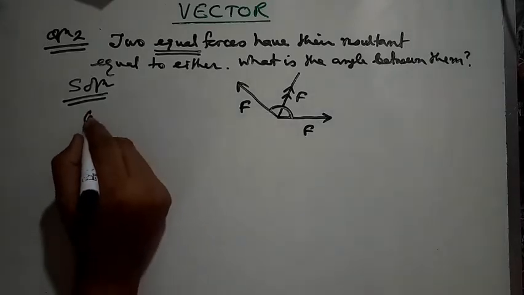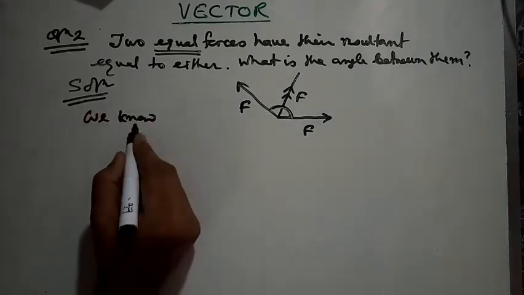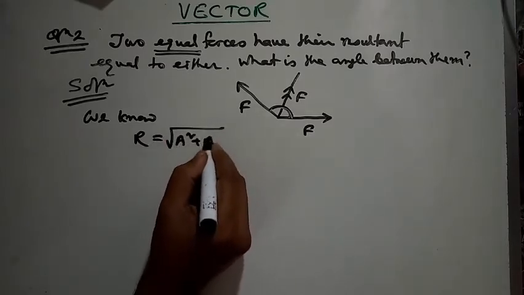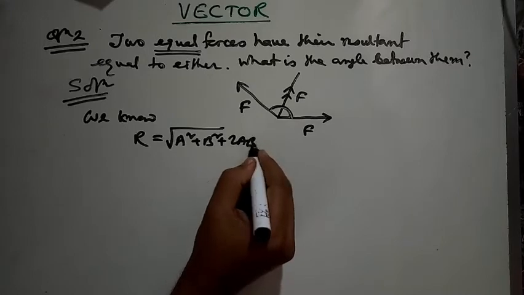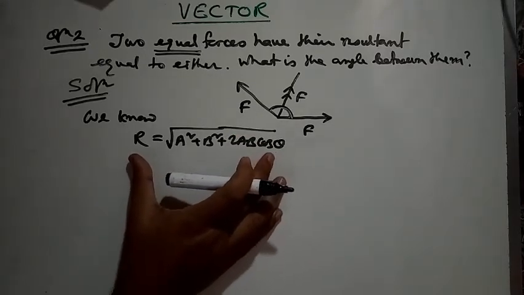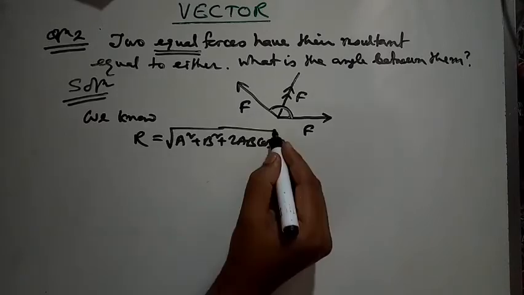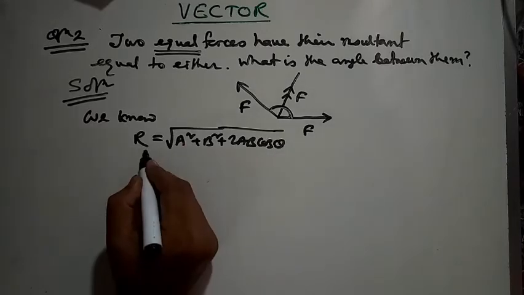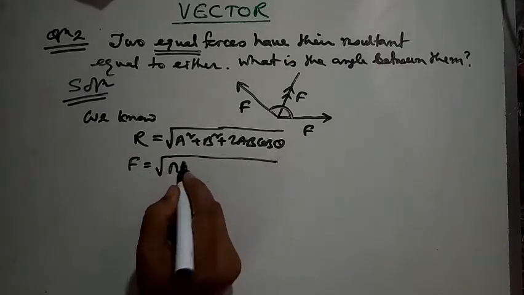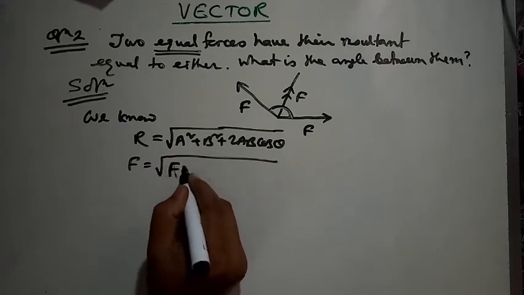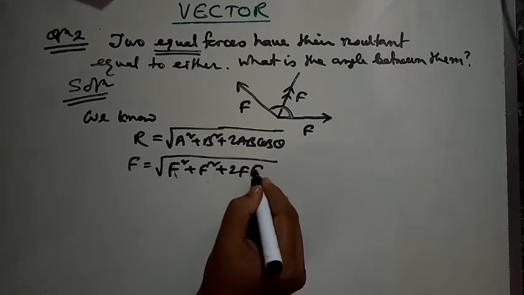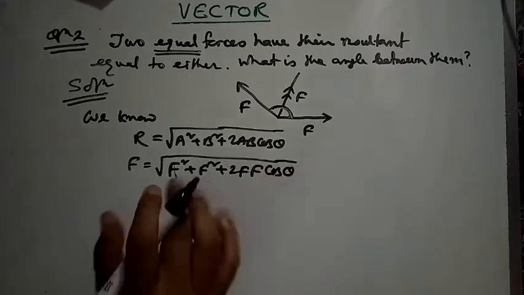Simply write, we know R equals the square root of A square plus B square plus 2AB cos theta, from the triangular law or parallelogram law of vector addition. This is the most important formula of the vector chapter. Now the resultant is also F, A is also F, B is also F, and theta is unknown.